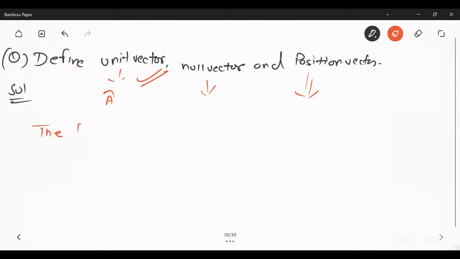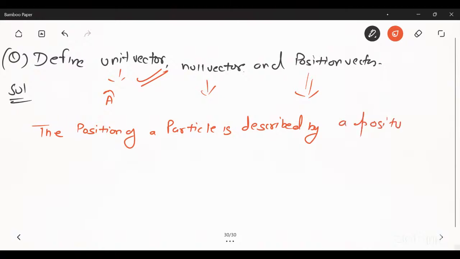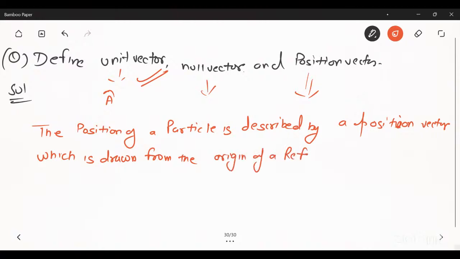The position of a particle is described by a position vector, which is drawn from the origin of a reference frame.